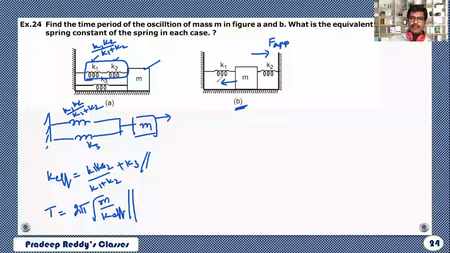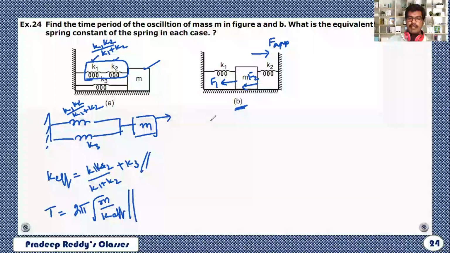It will push it left side. What does the second spring do? The second spring also pushes it in the same direction, right? Both the springs are applying force in the same direction. If mass is moved right side, both springs push it left side. If mass is pushed left side, both the springs will pull it right side.